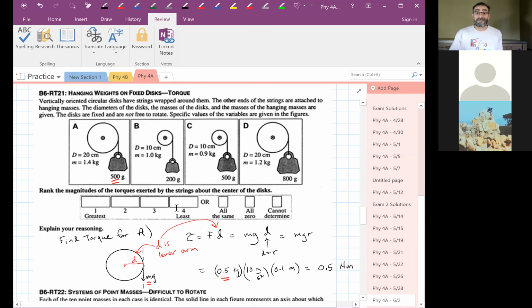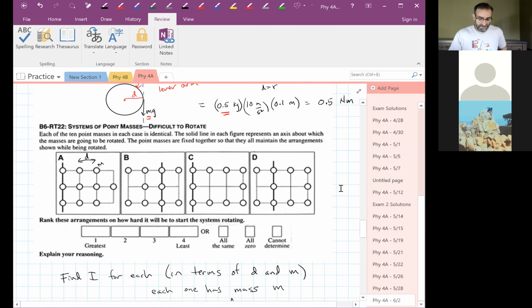And in almost every case where you have a disk, it's the radius of the disk. Why is that? Because when a string comes off of a pulley or a wheel or a disk, it always comes off tangent to it. And that means that the lever arm is going to be the radius of the disk. Okay, thanks.